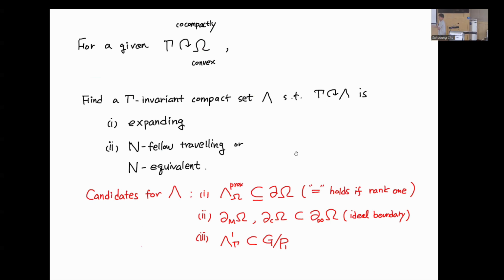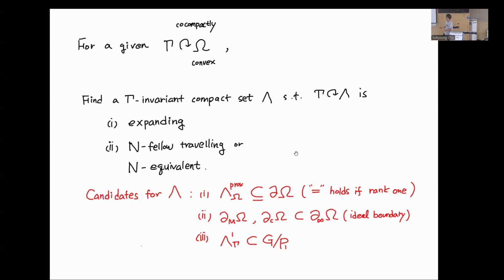But as you know, there is no canonical boundary for Cartan-Hadamard spaces. For a hyperbolic group, the group boundary is the canonical boundary. But for a Cartan-Hadamard group, there is no canonical boundary of the group. There are many boundaries on which gamma acts.